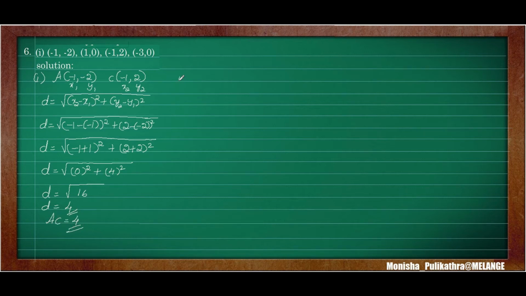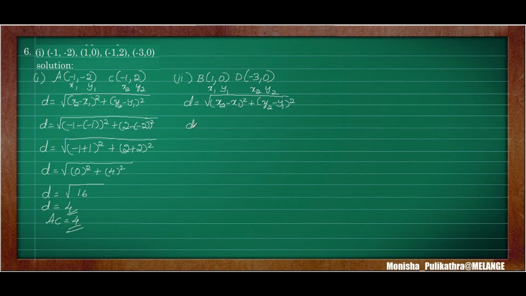Now we need to calculate the value for diagonal BD. Here B point is 1, 0 and D point is minus 3, 0. So let this be x1, y1 and this should be x2, y2. Okay. Now apply distance formula. D is equal to square root of (x2 minus x1) whole square plus (y2 minus y1) whole square.